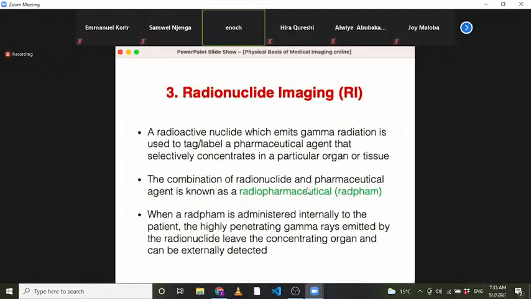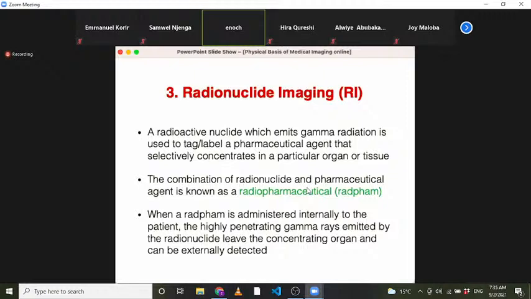For purposes of treatment, it could be emitting particulate matter. Particulate matter comes from the nucleus, but it has a charge and a mass. So it is sent into the subject and then targeted to the organ that is of interest, and it delivers high radiation. Most often we use gamma radiation.